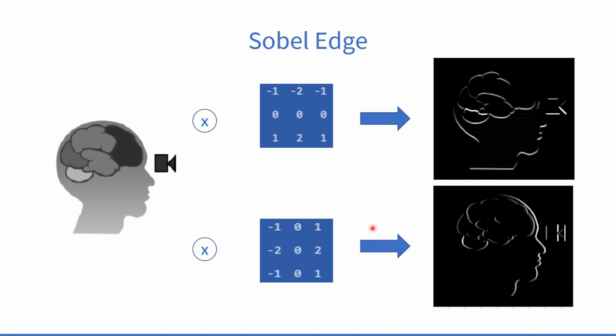Convolving this image with this vertical operator, you will get these nice vertical edges. You'll get only the vertical edges. Where we missed the nose here, you get the nose here.